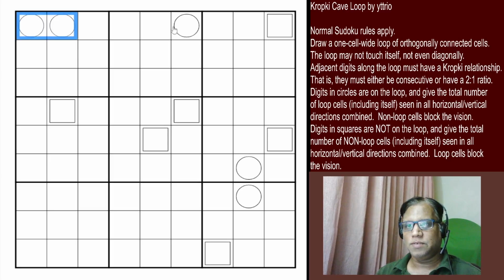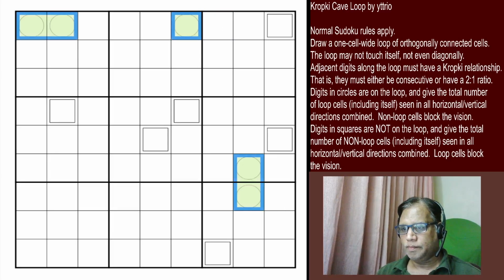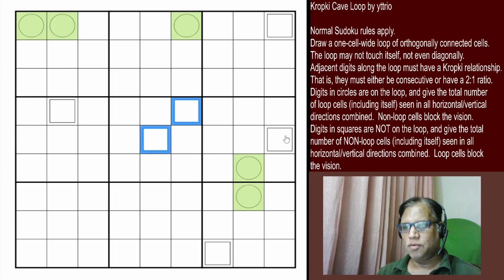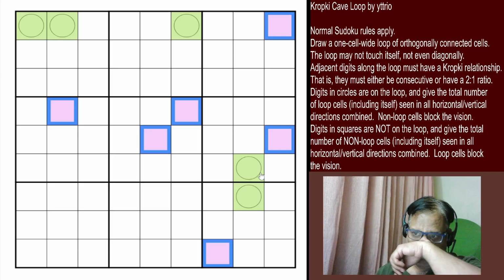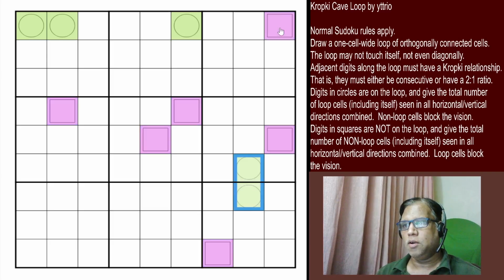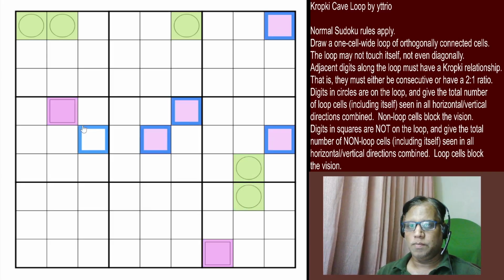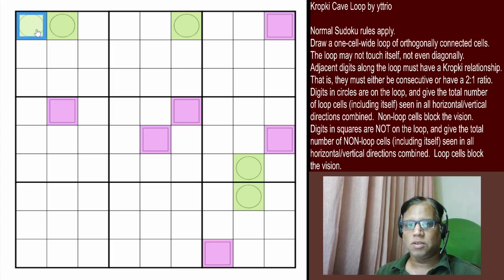So clearly, let's first color everything. We'll use green color for loop and pink color for non-loop, and we know that all the greens are in the loop and all the pinks are non-loop. Now this cell is on the loop, right? One thing we always know is that the loop, if it is not even touching itself diagonally, then it must go something like this.